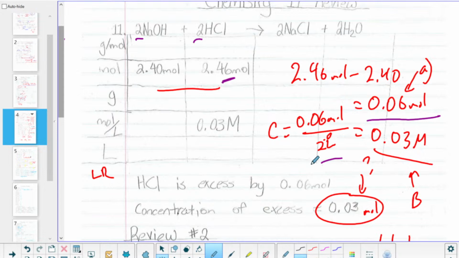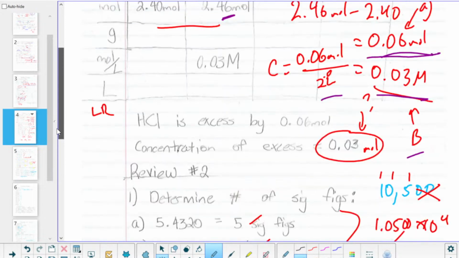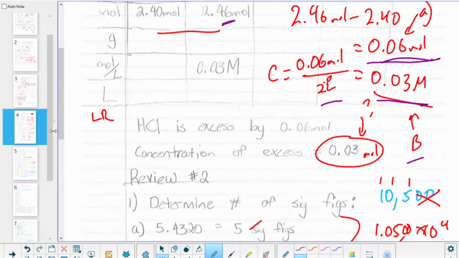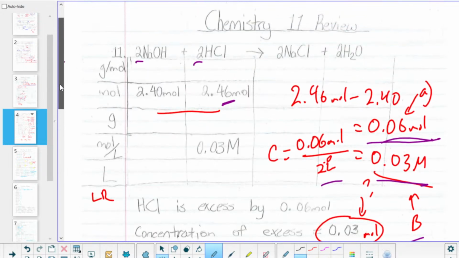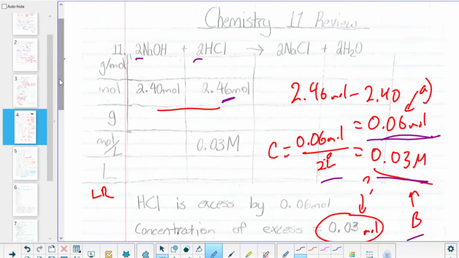If I have 2 liters of it, then I take that, divided by 2 liters, and then I get the moles per liter. So that's the answer to A. That's the answer to B. Good.